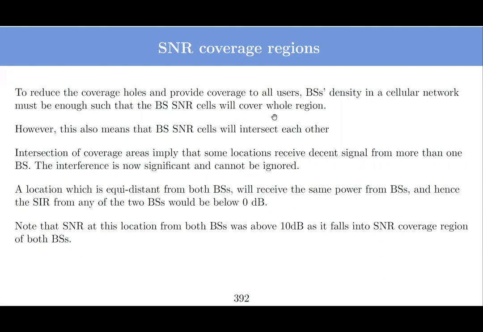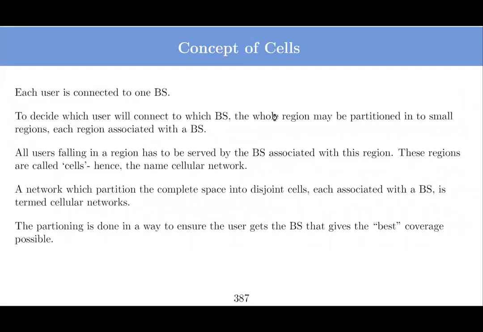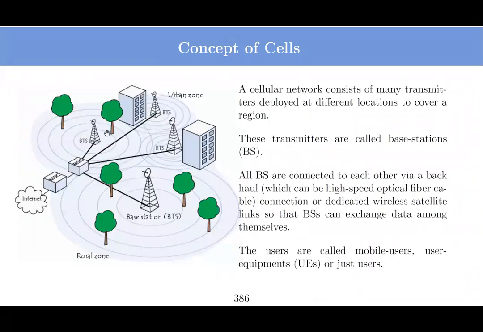Now you will find out when you try to do that, that the SNR regions are covering the whole region and they are circles. So this means to include all the area, these circles need to intersect each other. You can look at this figure. If you have very small regions and they are not intersecting, then there will be very large regions where there is outage.